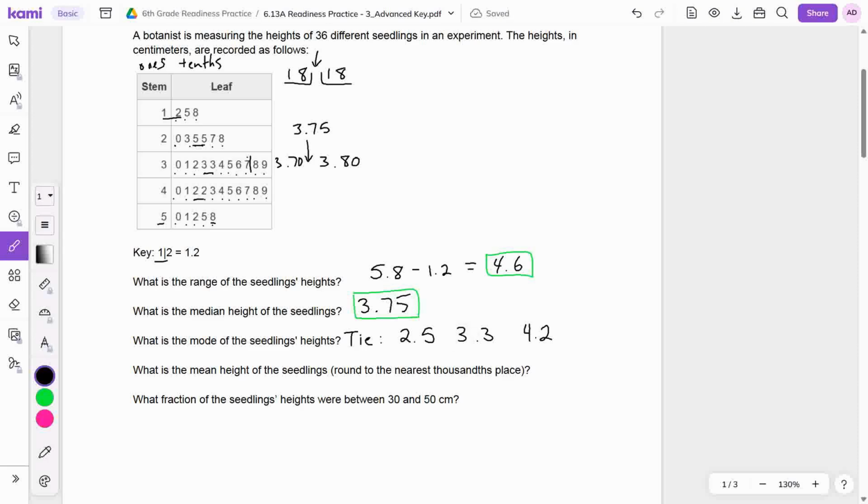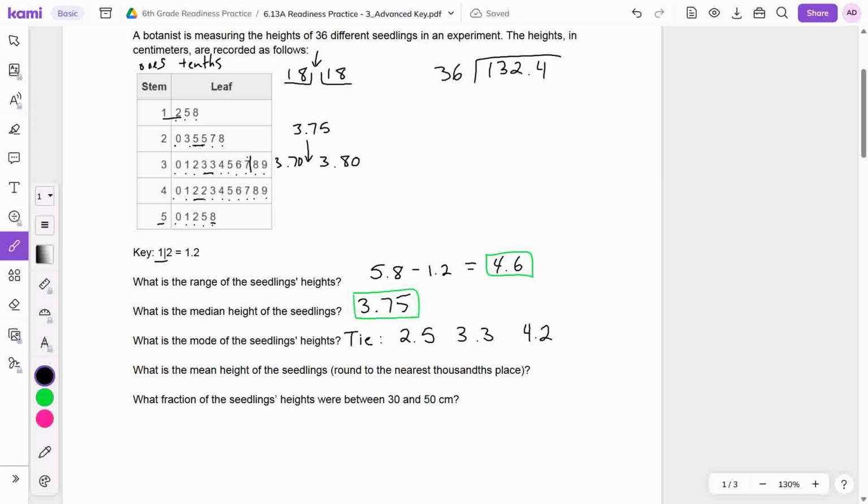Well, that means we need to add all these up and divide by how many we have. So let's do a little long division. So I added these up, and they're 132 and 4 tenths. So there are 36 numbers, and so we're going to try to find that mean.